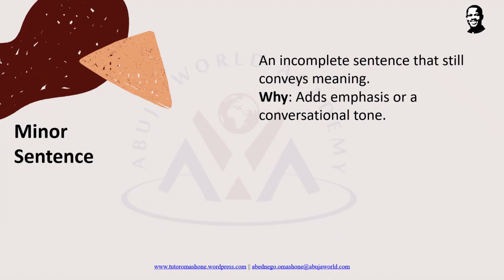Because, for example, a sentence ought to start with a capital letter, end with a full stop, and have a finite verb for it to convey complete sense, but it doesn't always work in that manner when it comes to minor sentences. We use them to add emphasis or give a conversational tone.